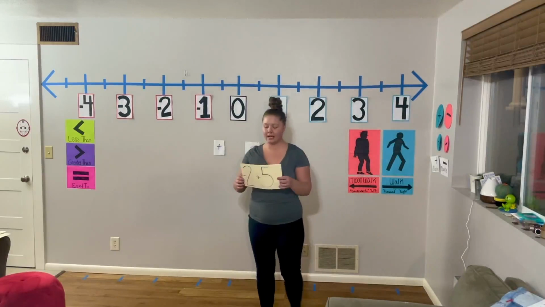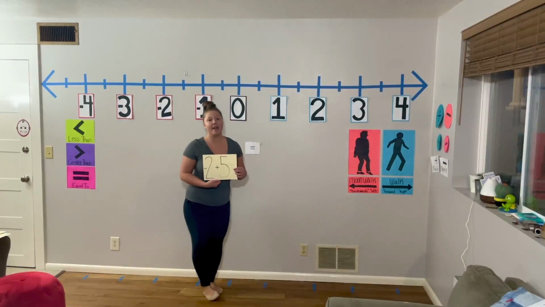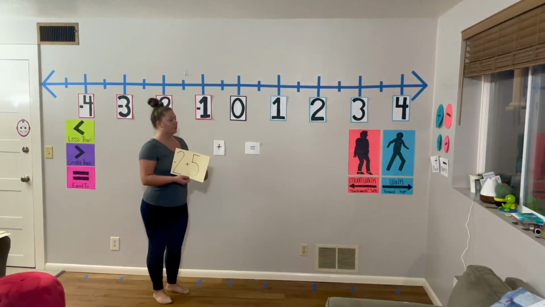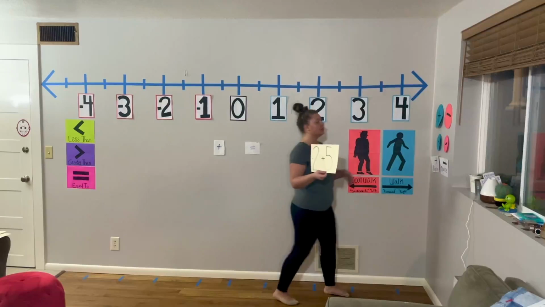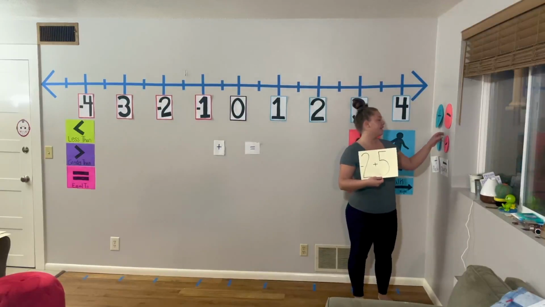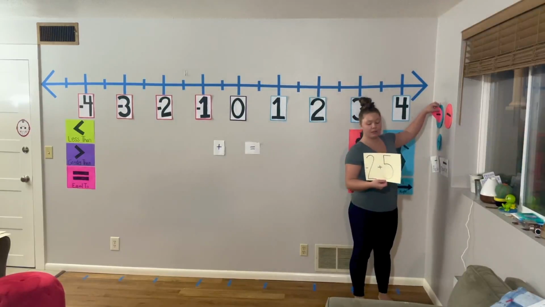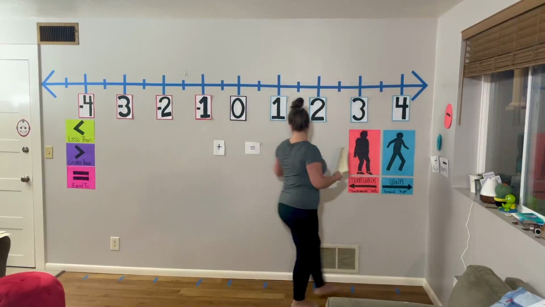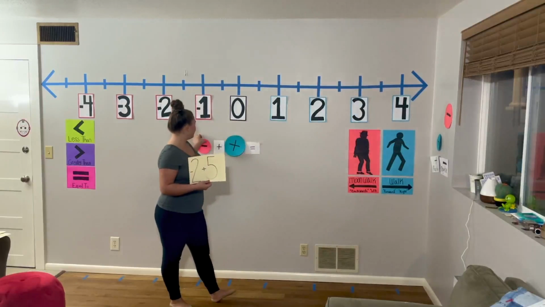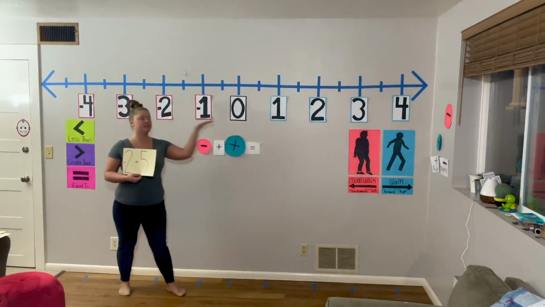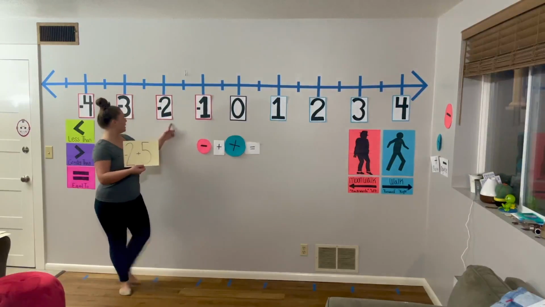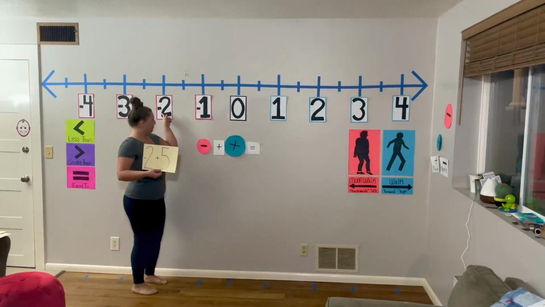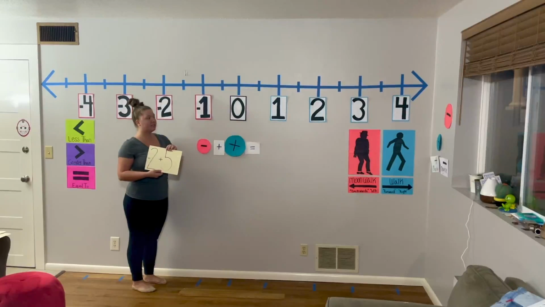Next one, we've got negative 2 plus 5. So negative 2 is only 2 spaces away from 0, while 5 is 5 spaces away. So we've got a smaller negative with a bigger positive. So what do we think? Is it going to end up positive or negative? We're starting at negative 2. And then we're adding positive 5. So it's going to be 5 steps forwards.